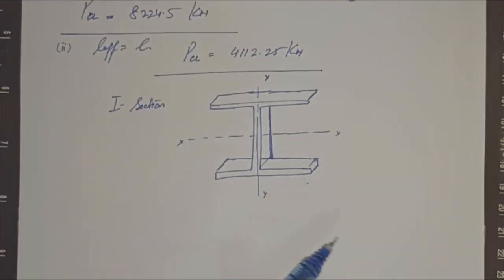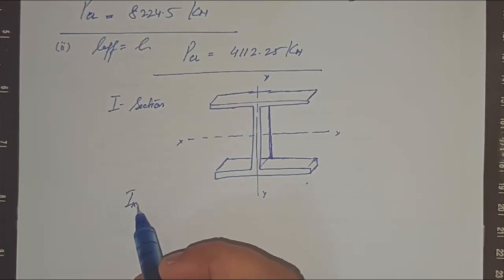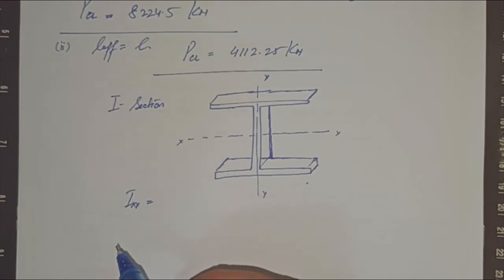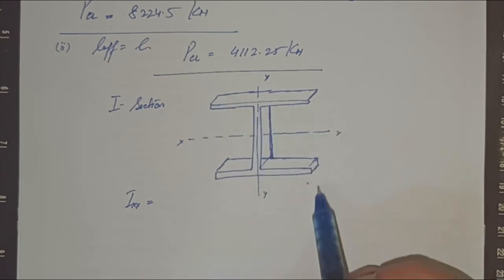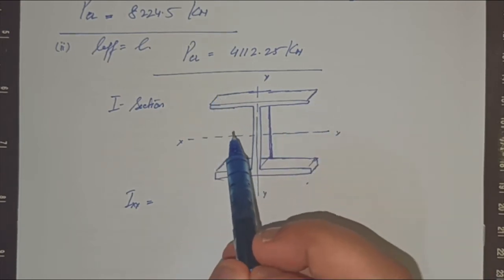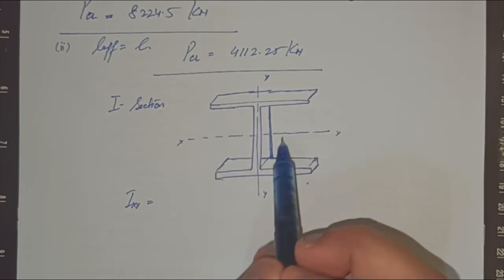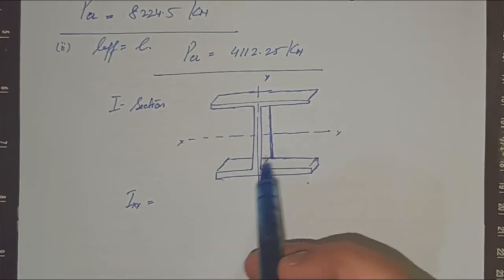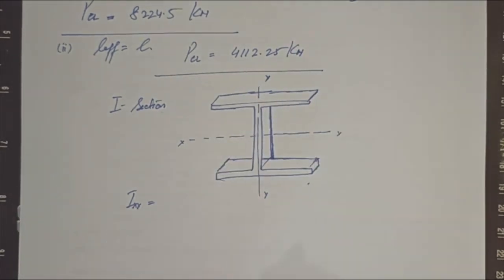Okay. So in this case, Ixx will be the moment of inertia of this rectangle, 20 times 40, minus the moment of inertia of the rectangles of these two dimensions. You subtract these two, and then you obtain the moment of inertia along the x-axis direction.